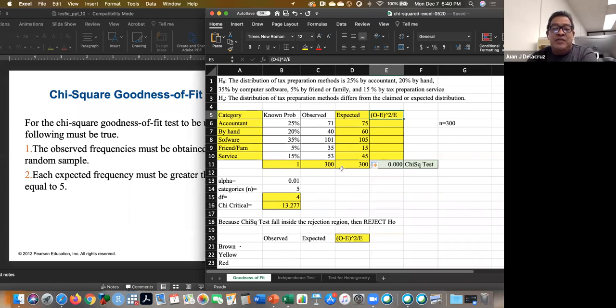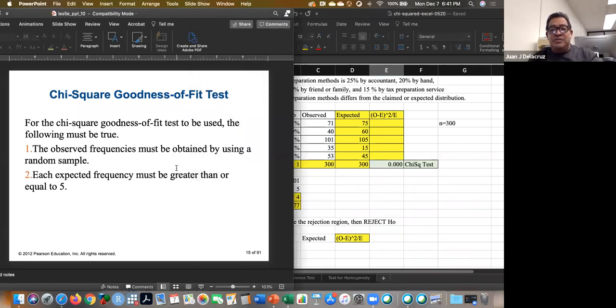So I can find random people in some places, or I can do it by mail. I can identify people in a directory somewhere, and ask them how they do their taxes. So randomness, always the most important thing when we are doing experiments.